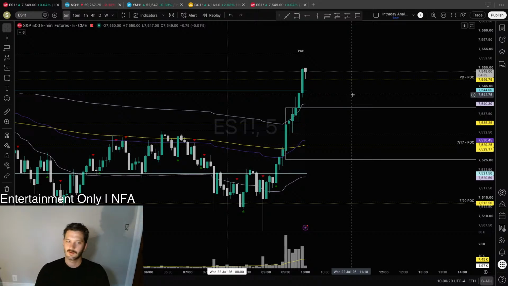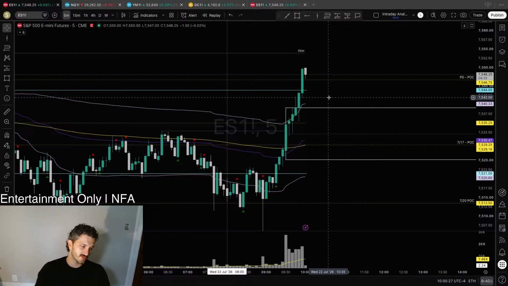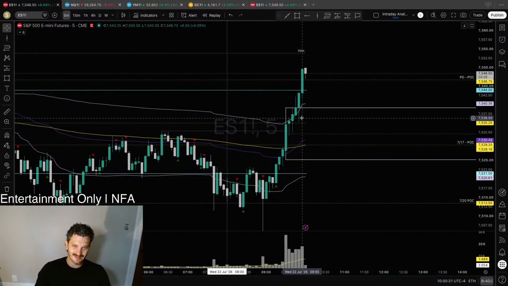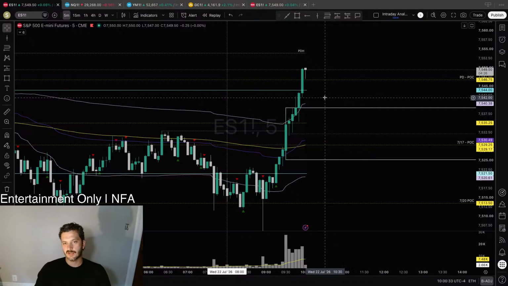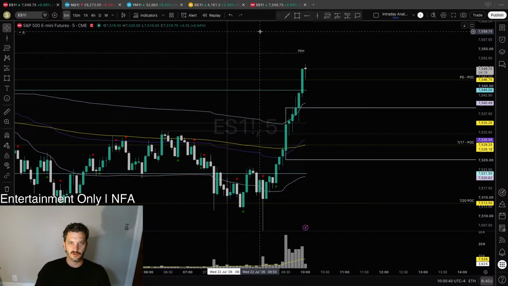But percentage-wise, it's a higher likelihood that it will come back in to test this 1 standard deviation band of VWAP, which is resting right at the opening range high. So you could wait for that and see if there's an entry. And potentially you could have a deeper push into VWAP, 200 EMA.